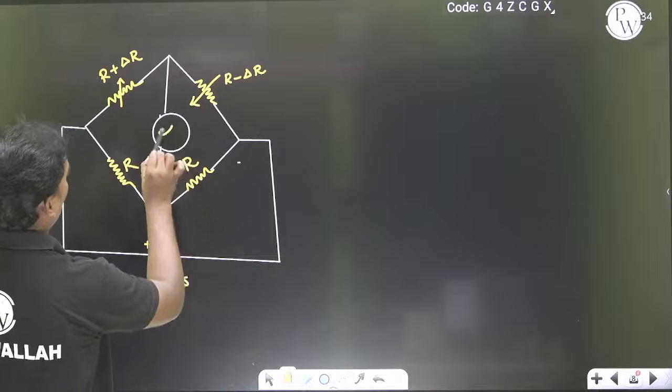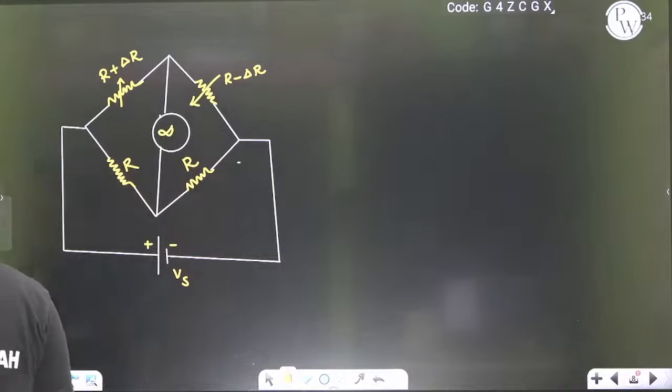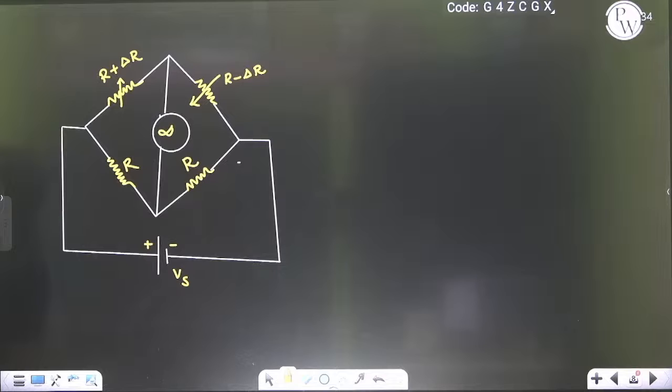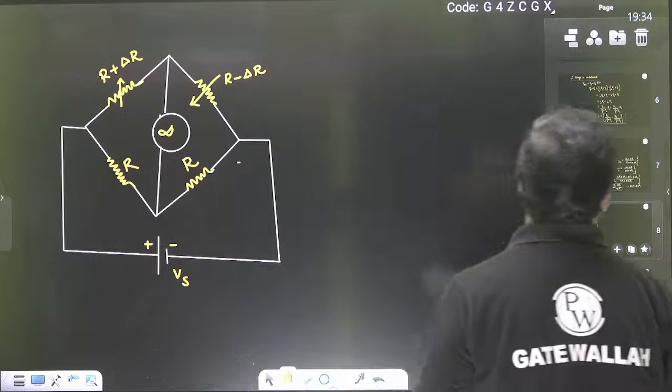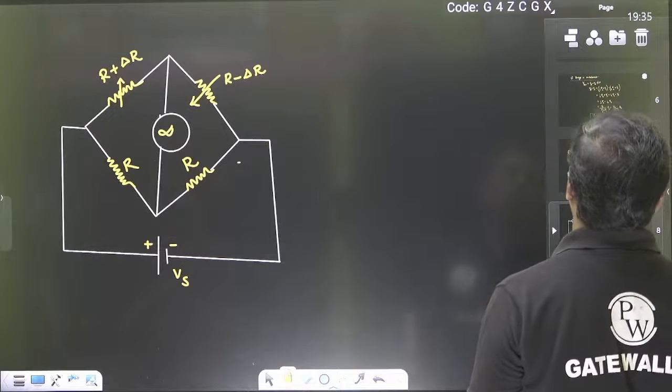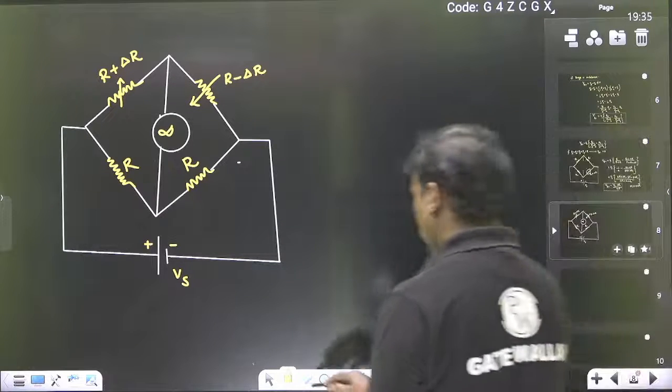So what can be the bridge expression if the meter resistance is finite? Can anybody tell me what is going to happen in this scenario? So let us take the same expression of the bridge, which is R2 by R1 plus R2. What is the fundamental expression?